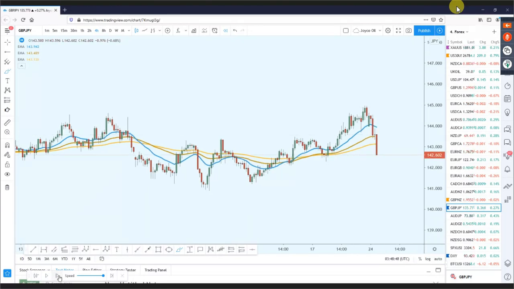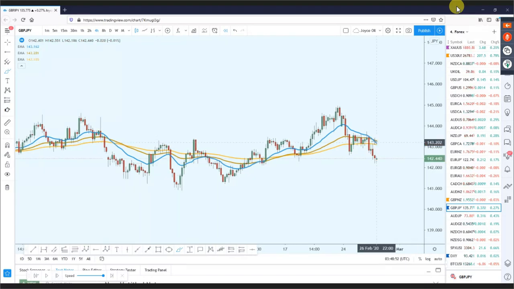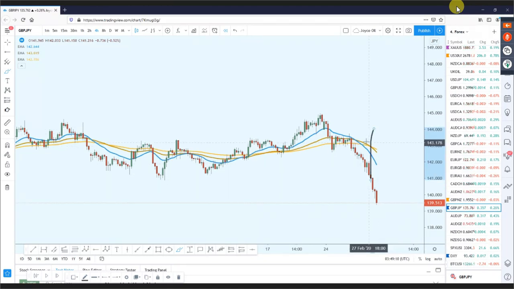So if I continue playing it, let's see, we have to wait for our blue to cross over both of the brown and yellow, as well as the brown to cross underneath our gold. So right here is where all three rivers are aligned, and this signifies a downtrend.